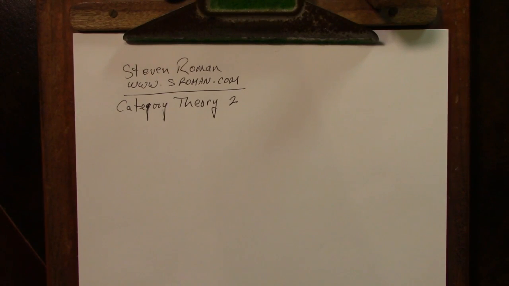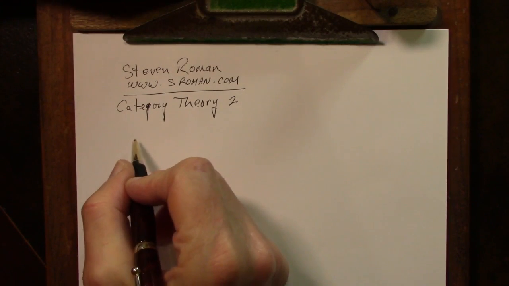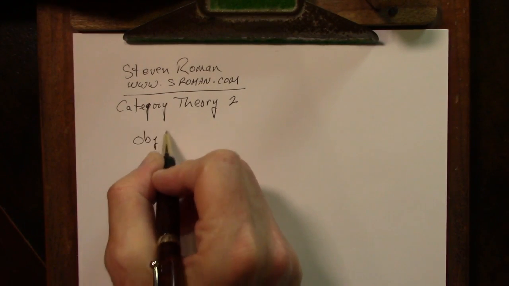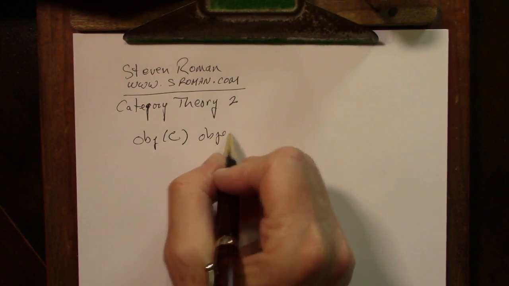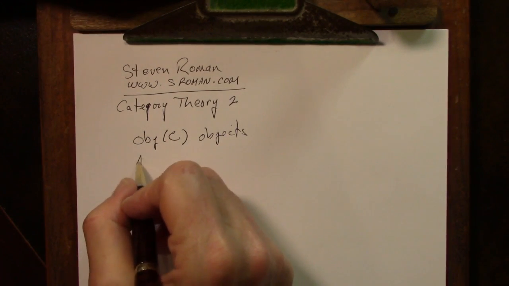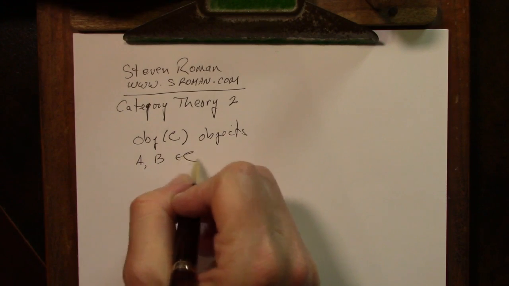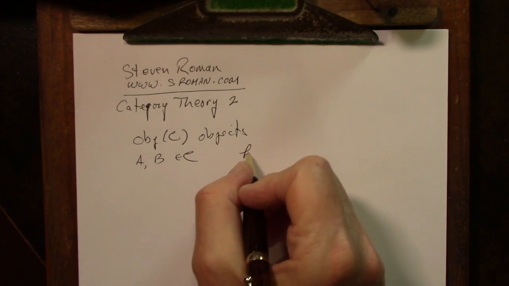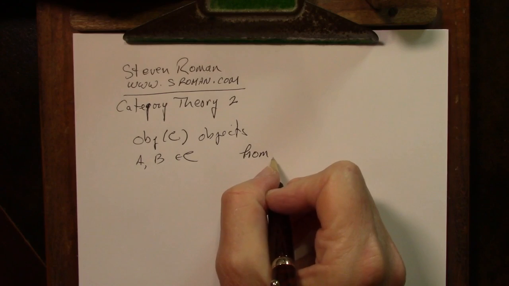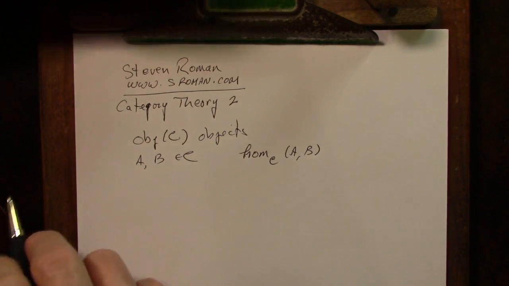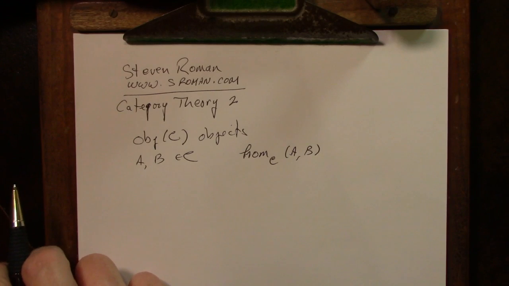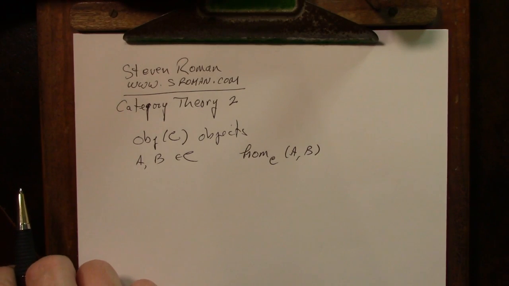I defined categories for you. A category consists of a class of objects, and for each pair of objects A and B in the category, there is a Hom set, which is a set whose elements are called morphisms, maps, or arrows.